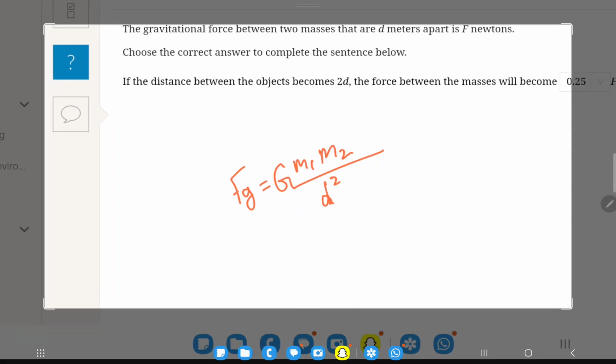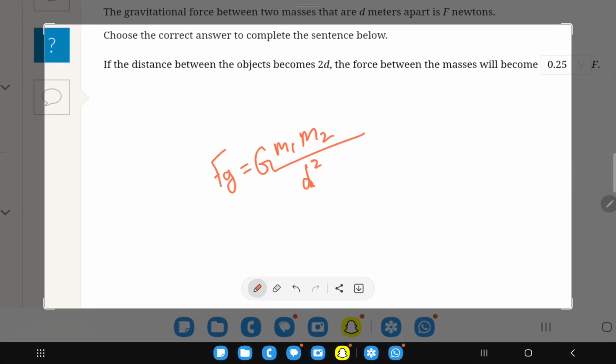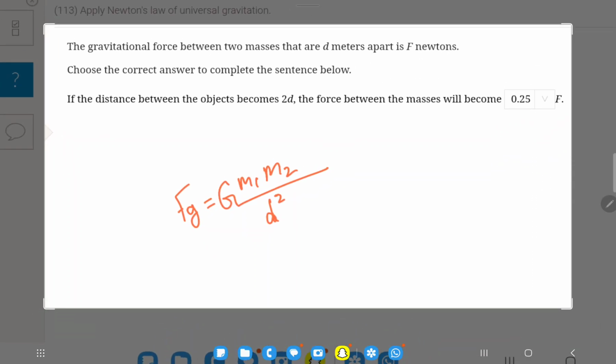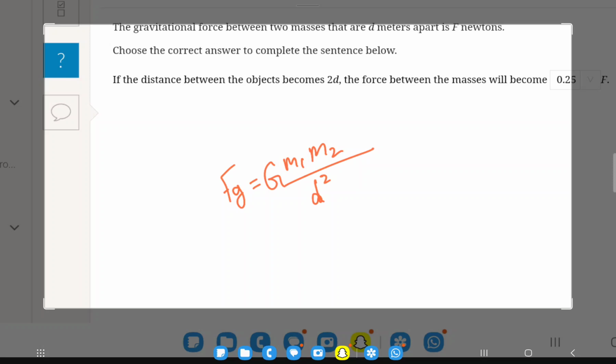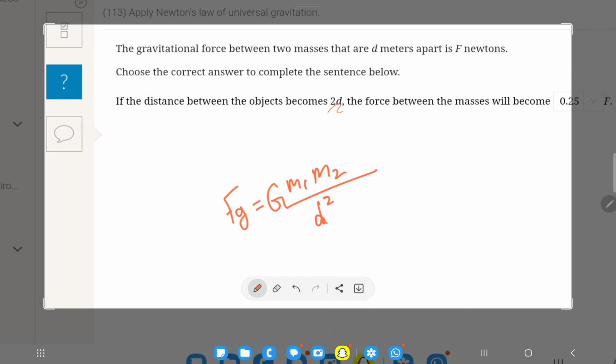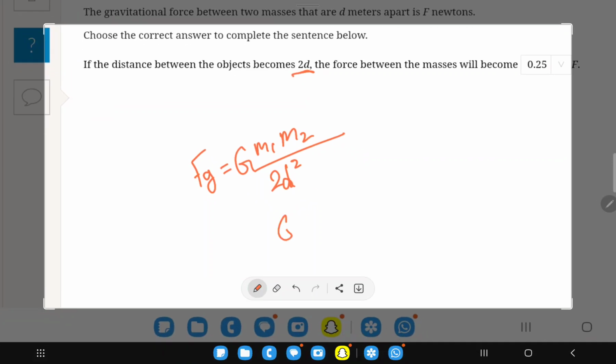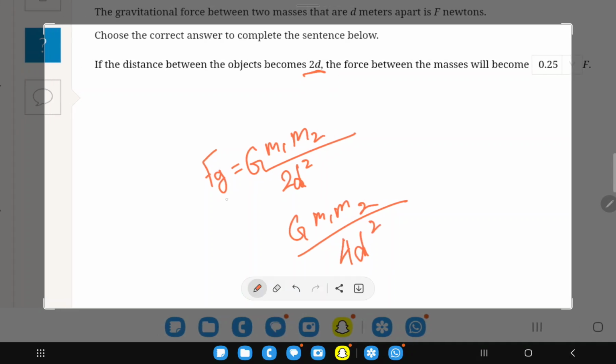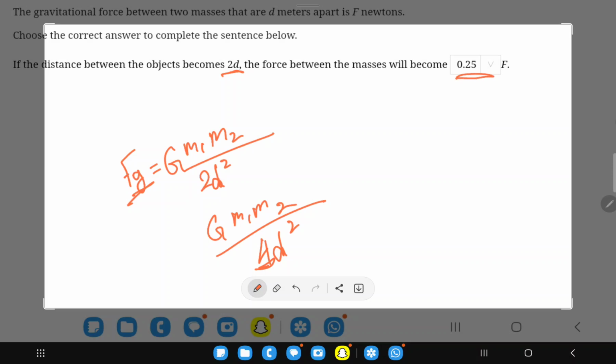We got that from Newton's law of gravitation, or Newton's fourth law. So we have d squared, and the distance then becomes 2d squared. That becomes G m1 m2 over 4d squared. So we divide that answer by 4, so it becomes 0.25 F. 1 divided by 4 is 0.25.